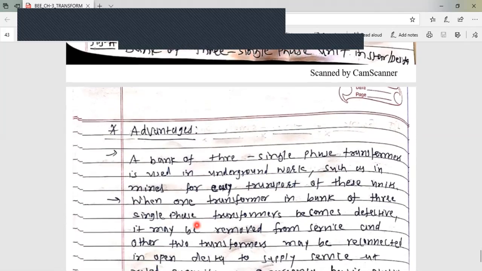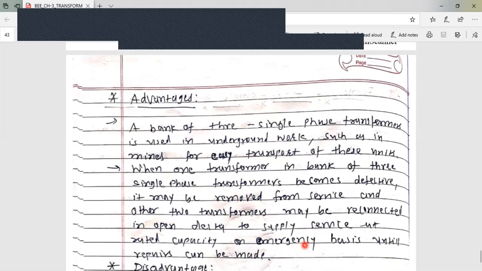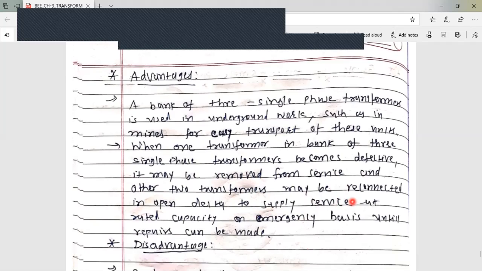The advantage of this bank of three single phase transformers compared to a single unit of three-phase transformer is that when one transformer in the bank becomes defective, it may be removed from service and the other two transformers may be reconnected in open delta to supply service at rated capacity on an emergency basis until repairs can be made.